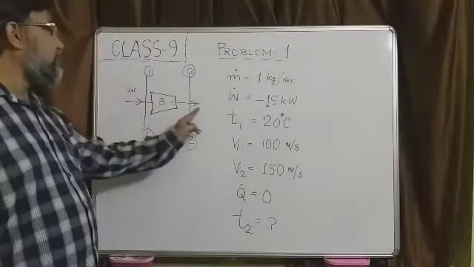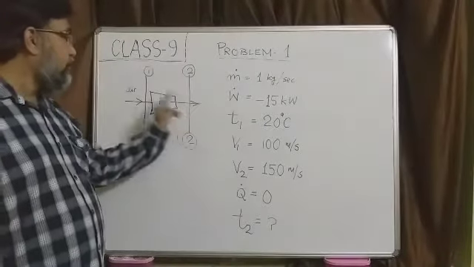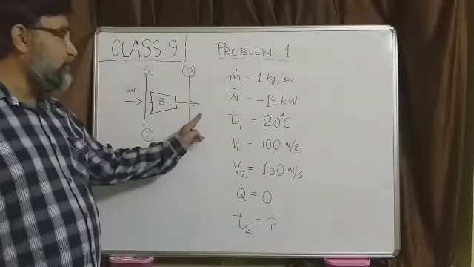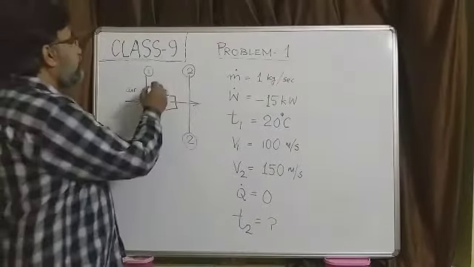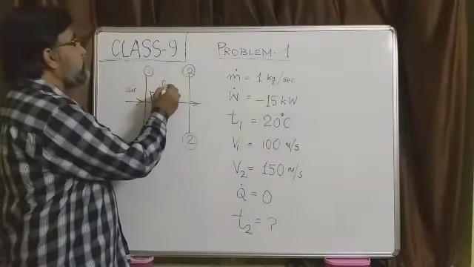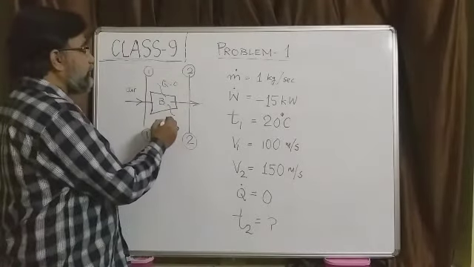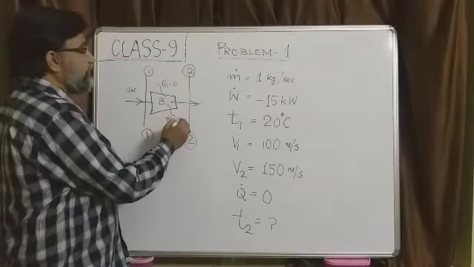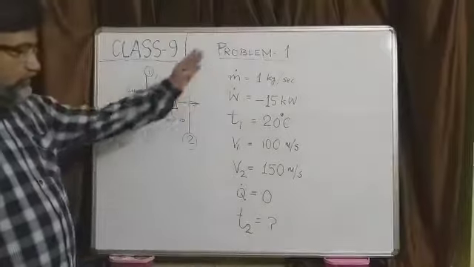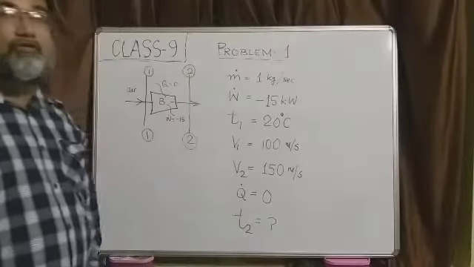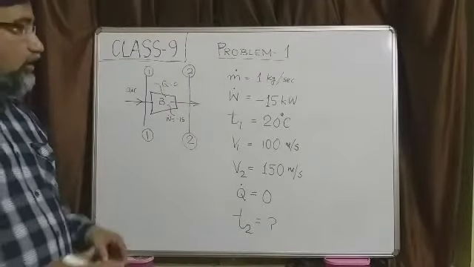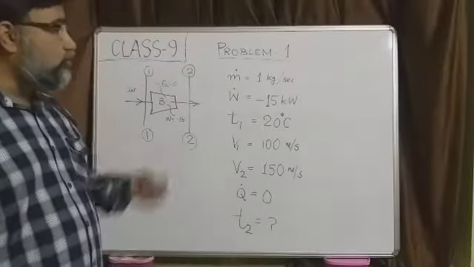T1 is given, T2 is to be found out. V1 is given, V2 is given. The heat transfer Q is 0 and work transfer W dot is minus 15 kilowatt. So this is the list of given information provided to you in order to solve the problem.